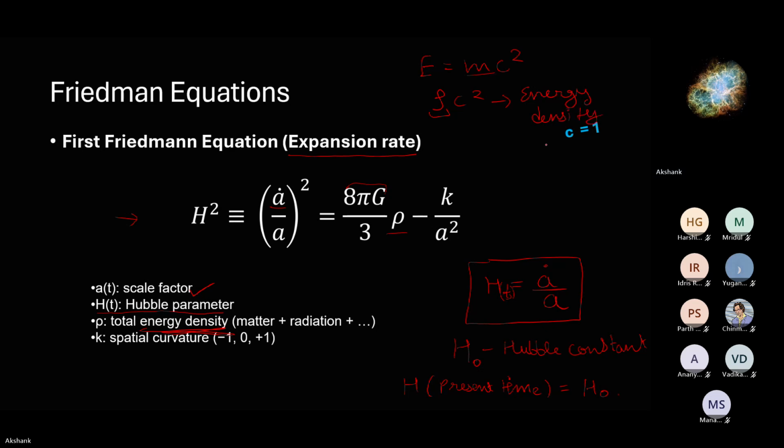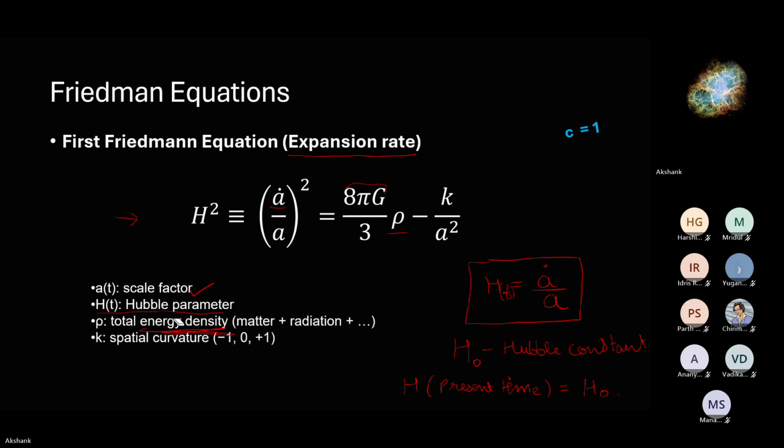But whenever I'm going to write the Friedman equations or any sort of equation, I will take c equals 1. These are called your natural units, where c is 1, h bar is 1, and this makes life simpler. So rho is basically your energy density.